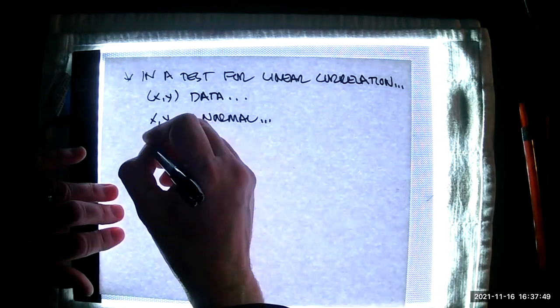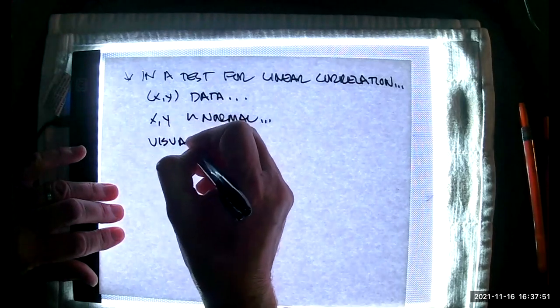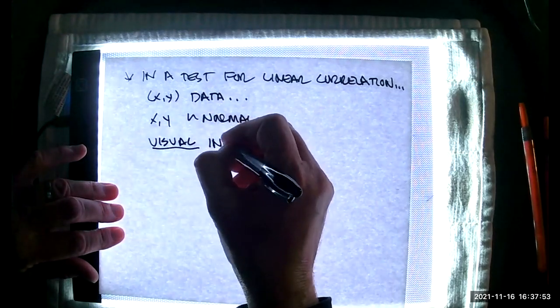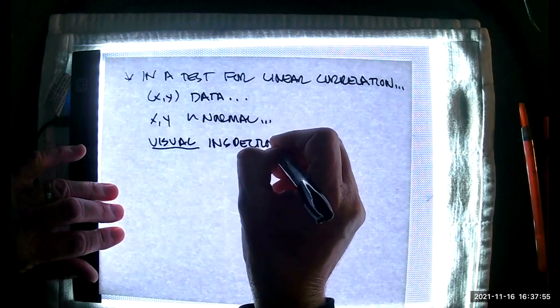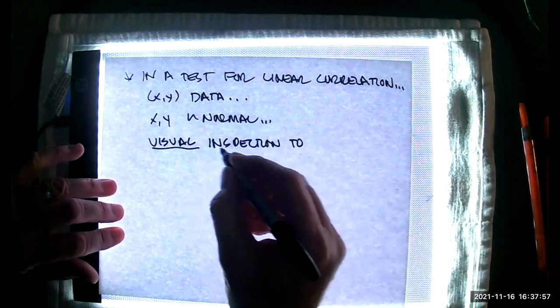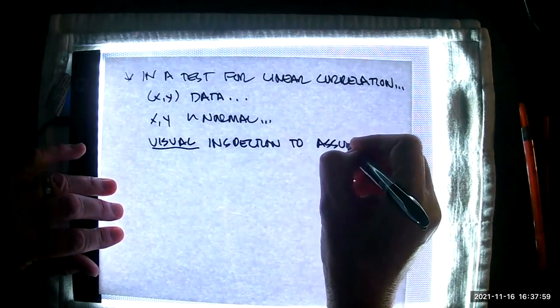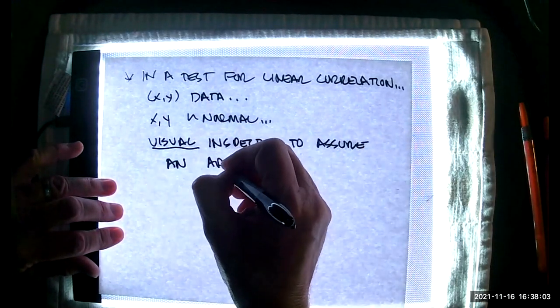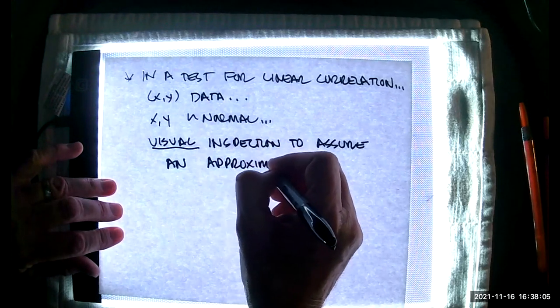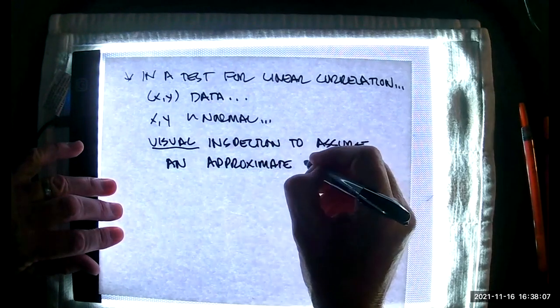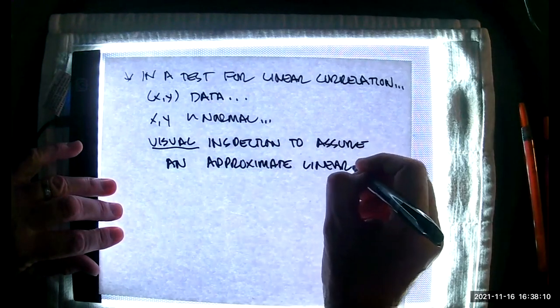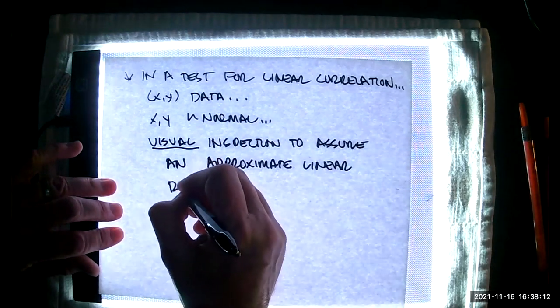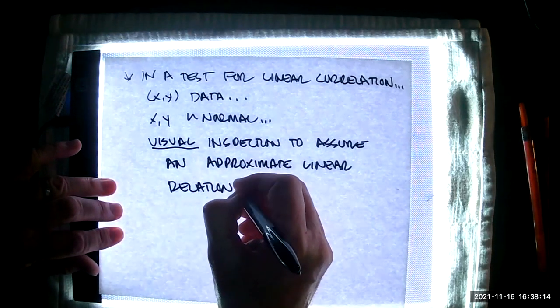And we need, and this is what we really need, a visual inspection to assure an approximate linear relationship.